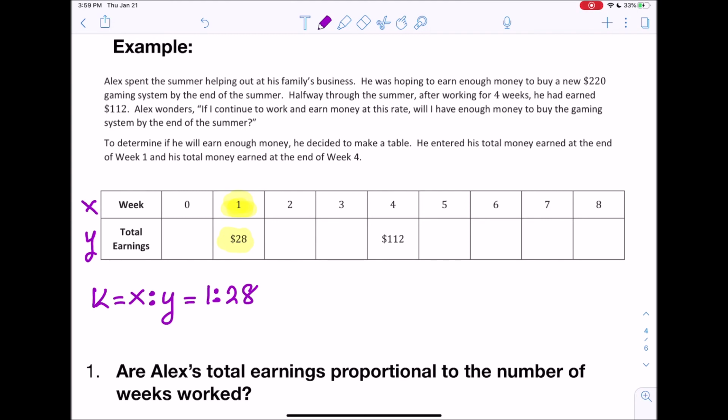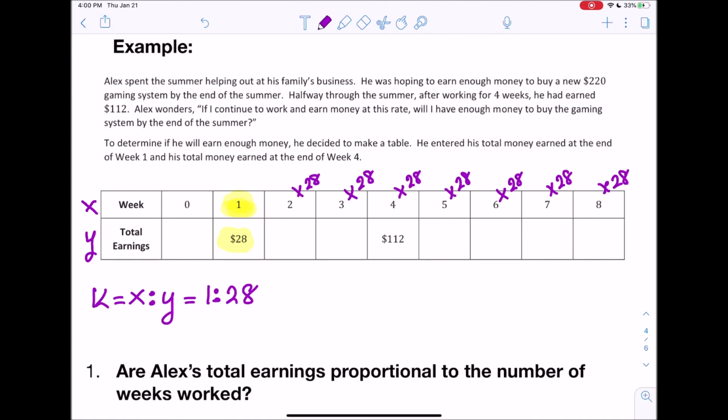Another way of thinking about that is if 1 week is 28, then 2 weeks should be 2 times 28, 3 weeks should be 3 times 28, 4 weeks should be 4 times 28, 5 weeks should be 5 times 28, 6 weeks should be 6 times 28, and so on and so forth.